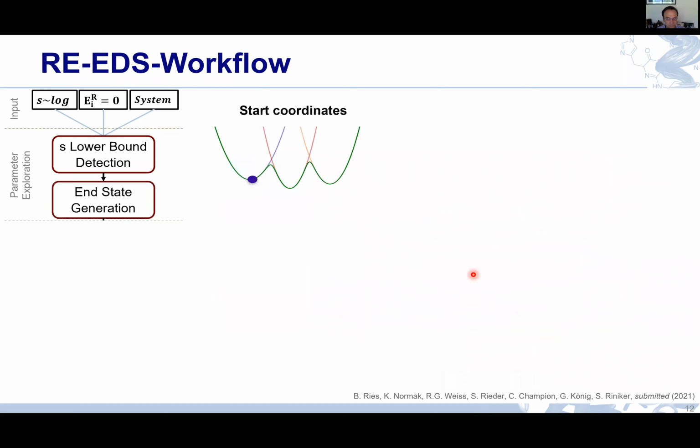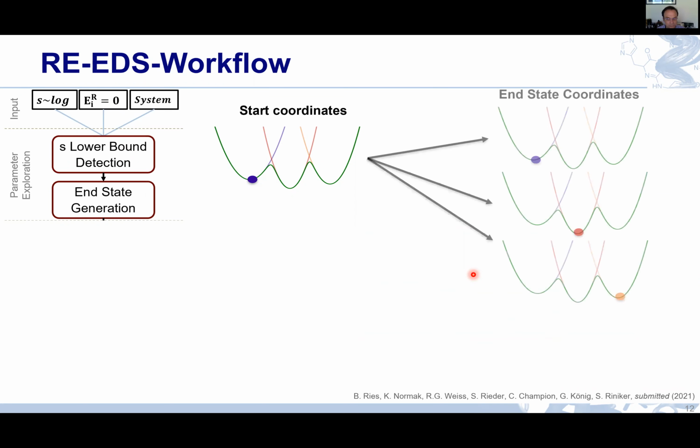In the second step, we use EDS runs to force our system into different end states. So this is the second preparational phase where we generate all the different coordinate sets for each of the different end states. This is done by setting the energy offsets correctly so that we basically overweight the different desired end states.